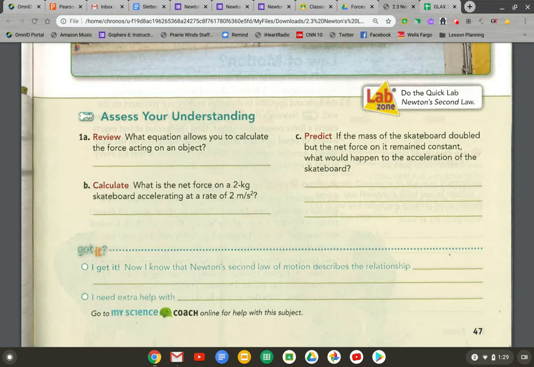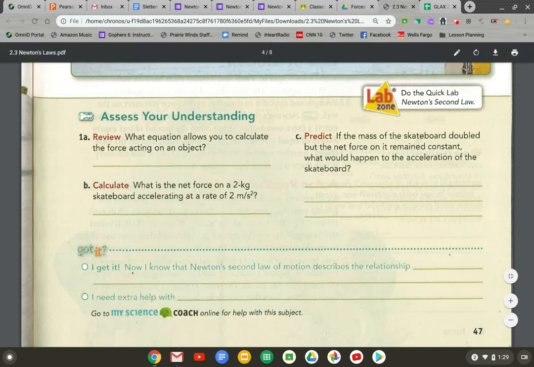Newton's second law tells us that if the mass of an object increases and the net force stays the same, its acceleration is going to be less. So the acceleration of the skateboard would be cut in half, becoming 1 meter per second squared. If you double the mass and keep the same net force, you get less acceleration.